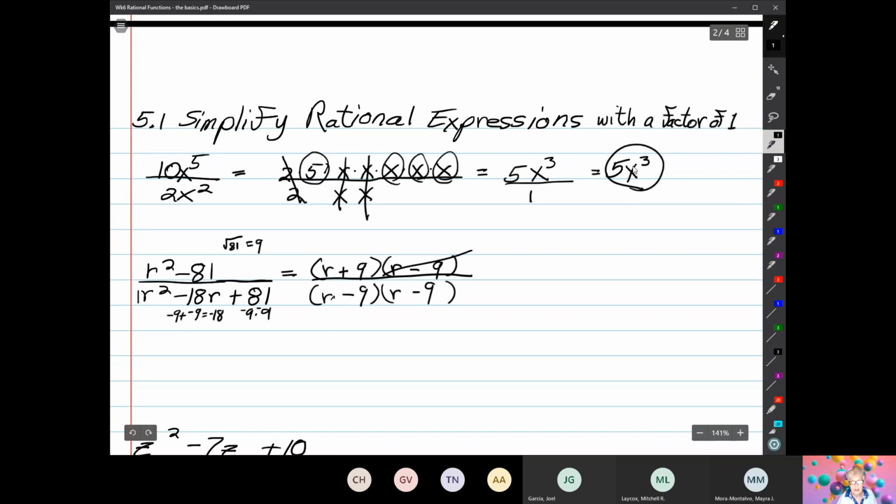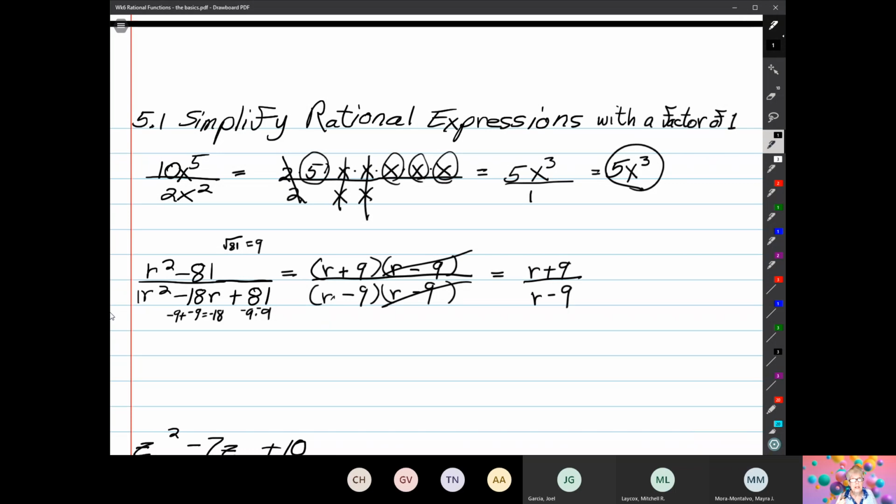So I'll mark through them. And what I have left is r plus 9 over r minus 9. So I have simplified the rational expression r squared minus 81 over r squared minus 18r plus 81.